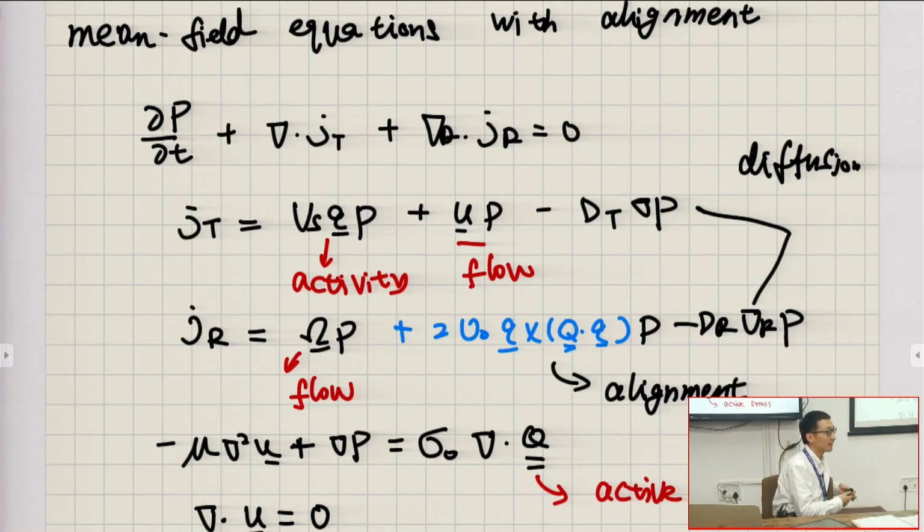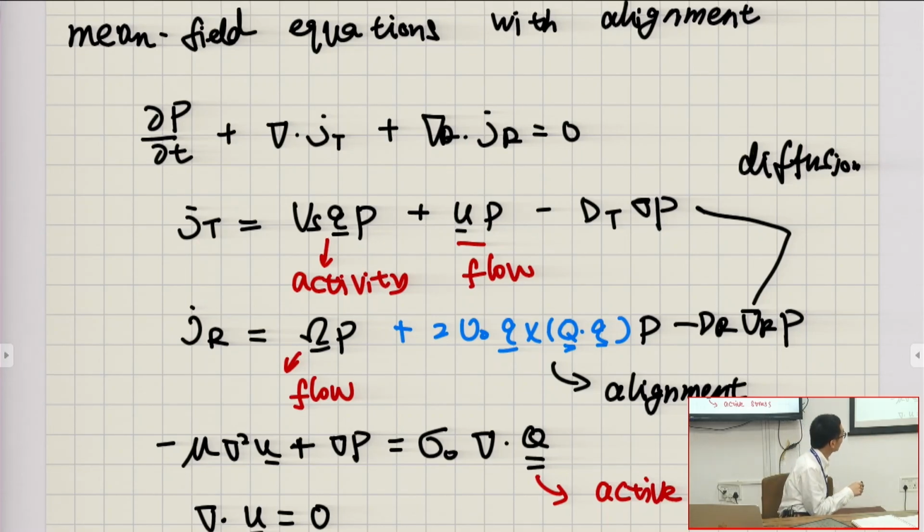Let's say we still have that here. Suppose the flow is 0, zero flow, and the probability distribution is independent of x. Then Q is also independent of position. So that's 0, right? We say flow is 0, so these are gone as well. So these equations look okay. The momentum and continuity looks okay.